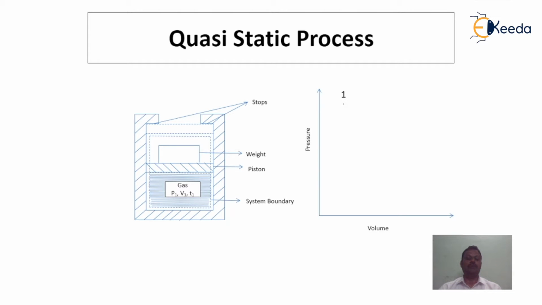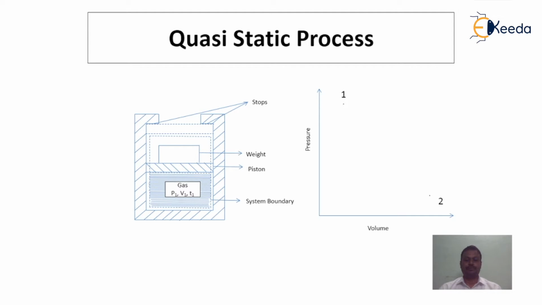And now when the weight is removed, because of the unbalanced force, the piston moves upwards and hits the stops, and it reaches once again thermodynamic equilibrium where the properties are pressure P2, volume V2, and temperature T2.